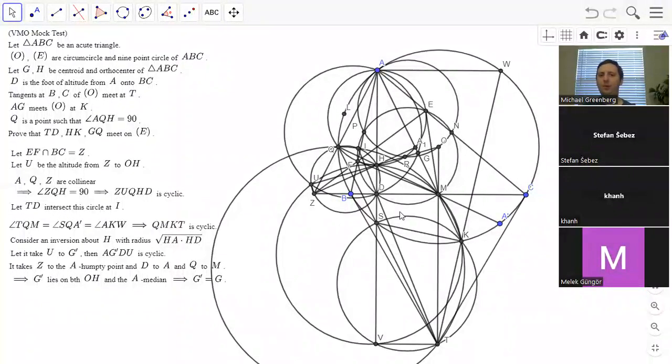That almost seems like it should be a well-known fact, right? TD, EF, and QM, because they're all well-known points.